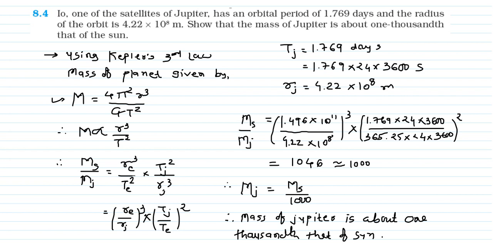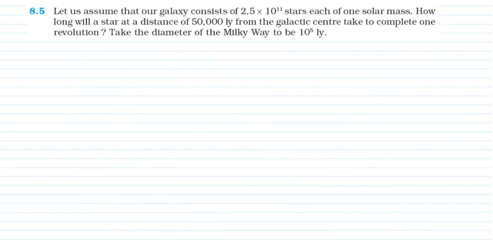Next sum, that is 8.5. Let us assume that our galaxy consists of 2.5 into 10 raised to 11 stars, each of mass 1 solar mass. How long will a star at a distance of 50,000 light years from the galactic center take to complete one revolution?